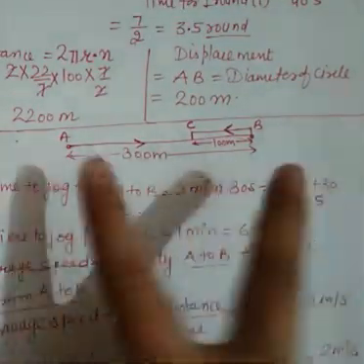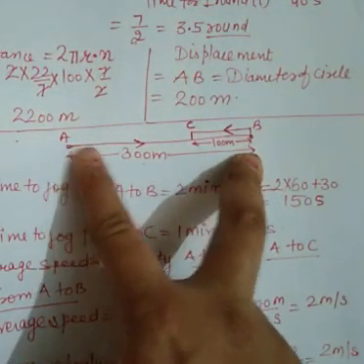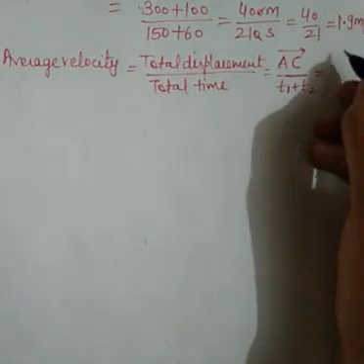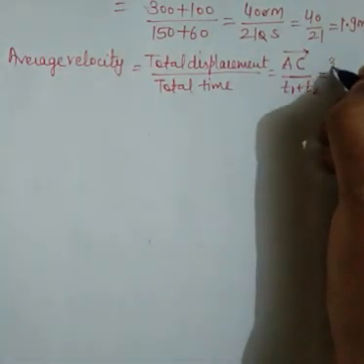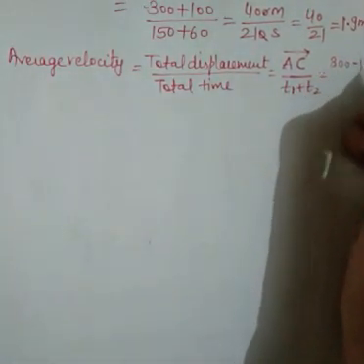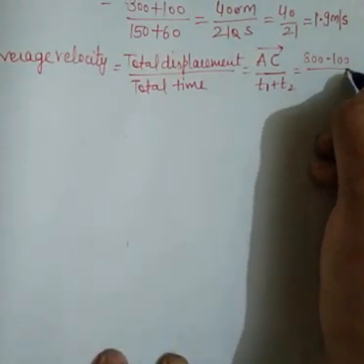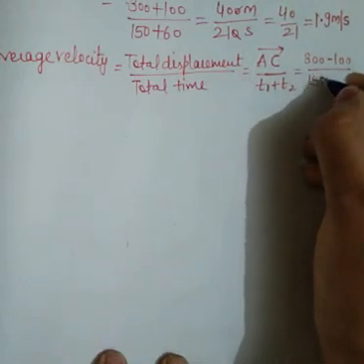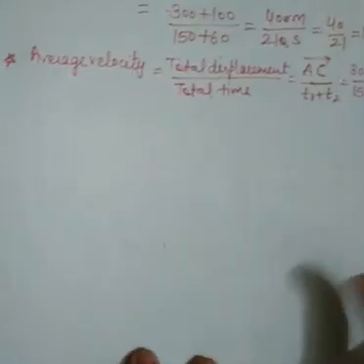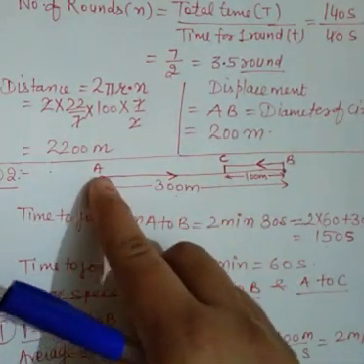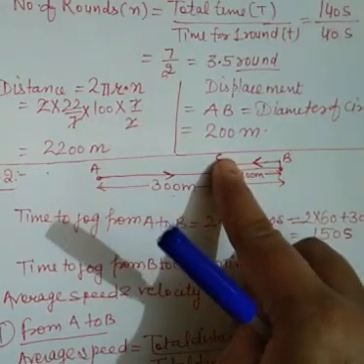What is AC? Let's turn back so as to understand what AC is. Total is 300. BC is 100. So what will be AC? 300 minus 100. Okay students. And what about time? First time is 150 seconds and second time is 60 seconds, because the person has moved from A to B then B to C. Time is a scalar.